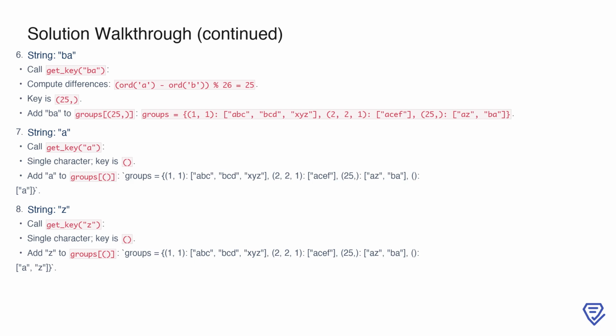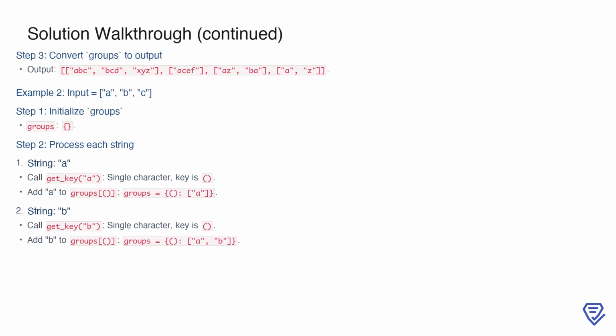We add Z to the same group. After processing all strings, we have our final groups dictionary: (1, 1): [ABC, BCD, XYZ], (2, 2, 1): [ASF], (25): [AZ, BA], (): [A, Z].